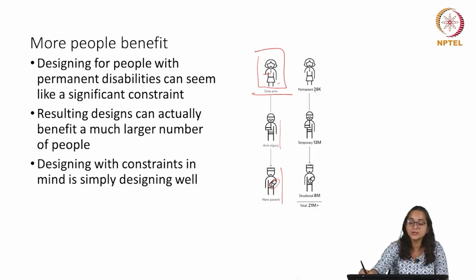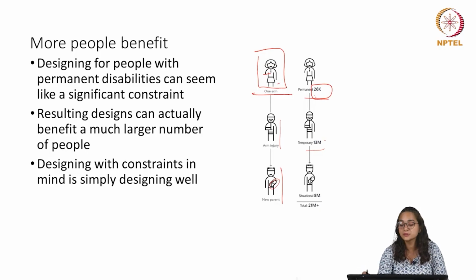And the important part here is that people with permanent disabilities may be in some thousands of numbers. People with temporary disabilities can be around a few millions. People with situational difficulties can be around another few millions.